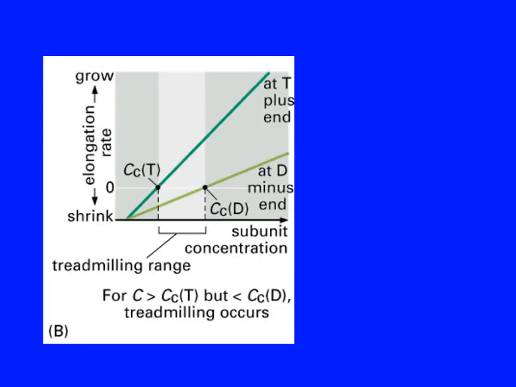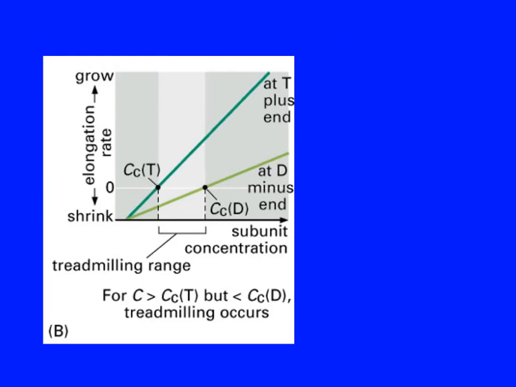The change in y over, rise over, what is it? Run. Okay, that's going back to elementary school, I think. I'm not really sure because that was a long time ago for me. Okay? So the slope here, you can see, is greater than the slope of the minus end. So the rate is faster on this end.